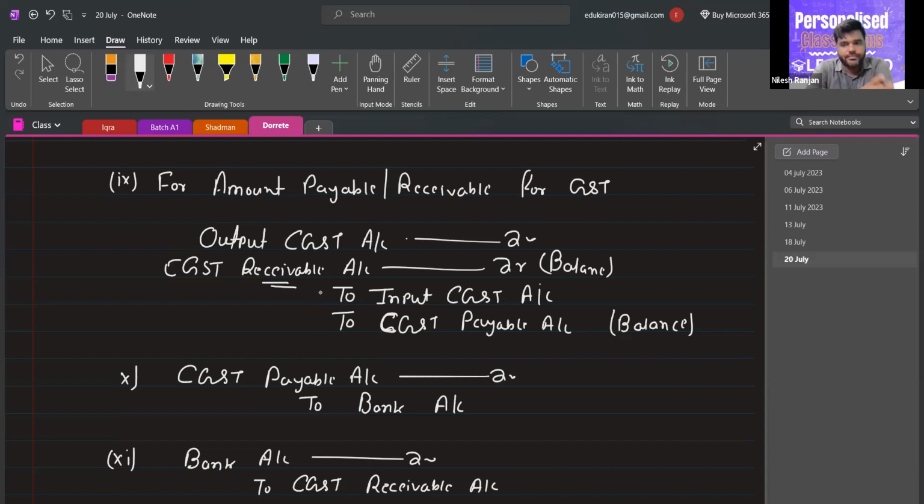Is that clear? Yes, sir. Please write all the entries. You have to remember all these entries to understand and solve the questions. Sir, I wrote them while you were teaching. Okay, good.